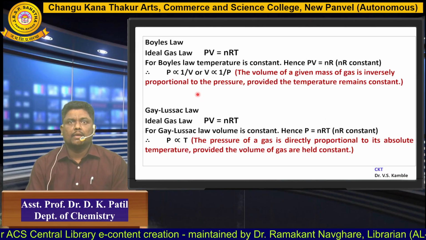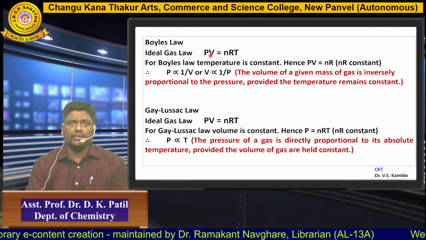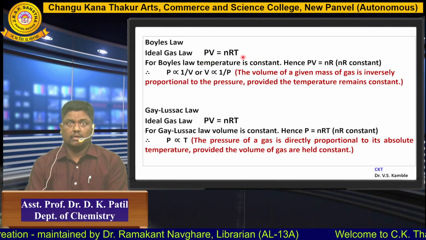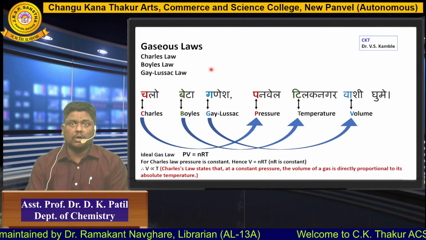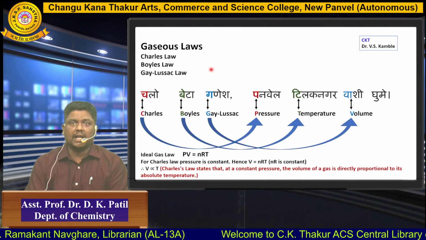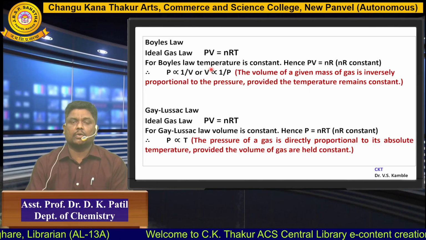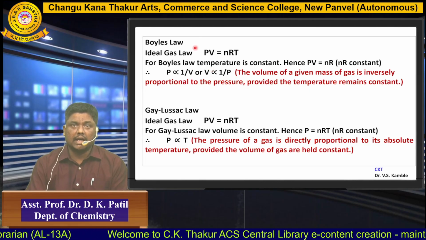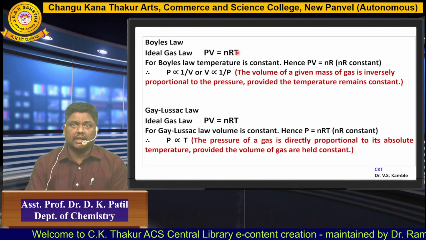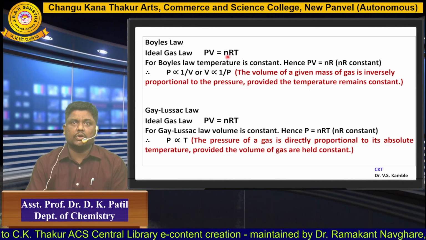Let's see the statement of Boyle's law. We know the ideal gas equation PV equals nRT. In the case of Boyle's law, which parameter is constant? The corresponding parameter is temperature. So temperature is constant. In the ideal gas equation, if temperature is constant, then pressure is inversely proportional to volume.